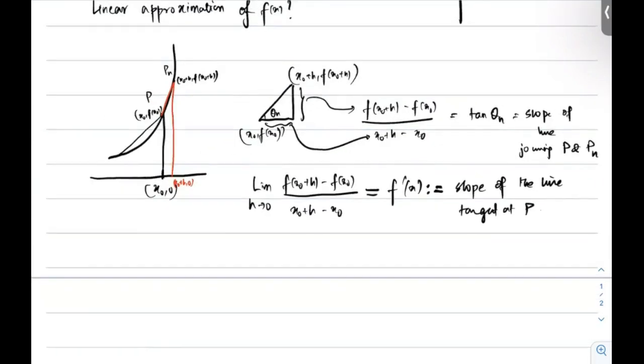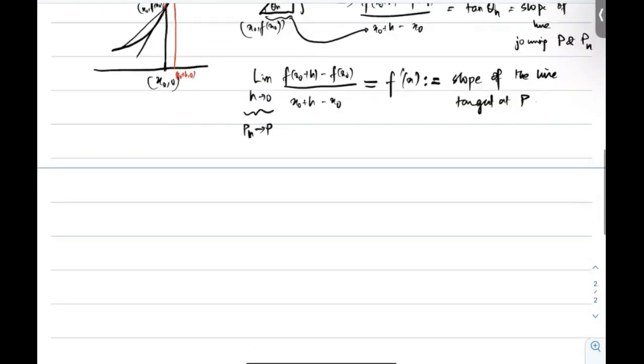So this is what he observed, and he defined it as this. As h goes to 0, P_h is going towards P, so the slope of this line will be going towards the tangent at P. It's very easy, and you can understand that.